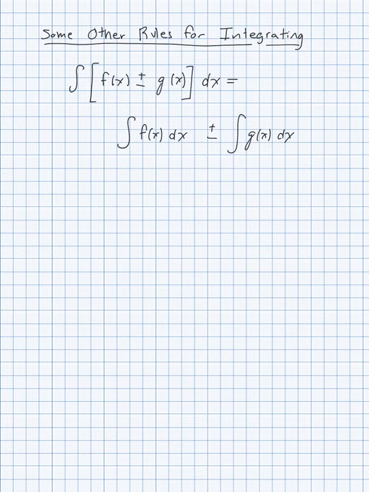We also have some rules for trigonometric functions. For example, the integral of the cosine of x with respect to x is sine of x plus the constant of integration c. If we integrate sine of x dx, we end up with minus cosine x plus c, our constant of integration.